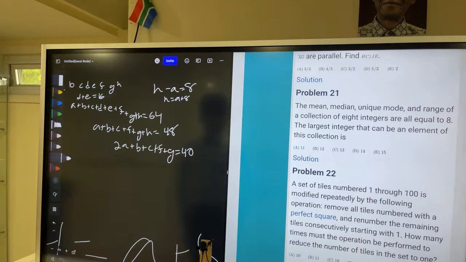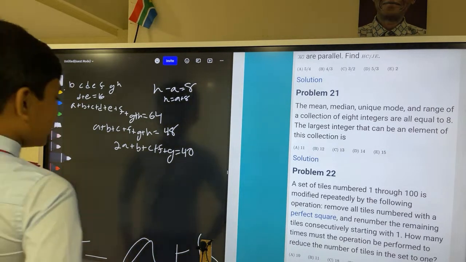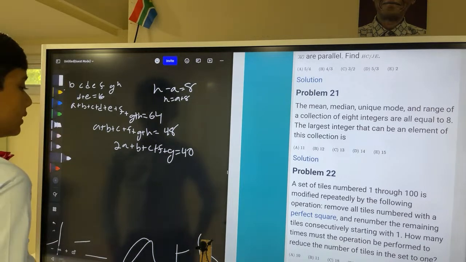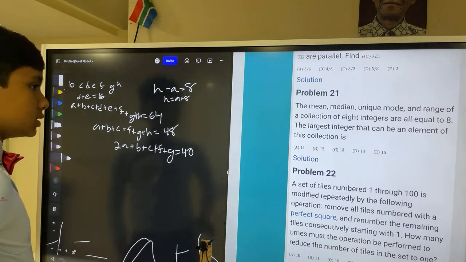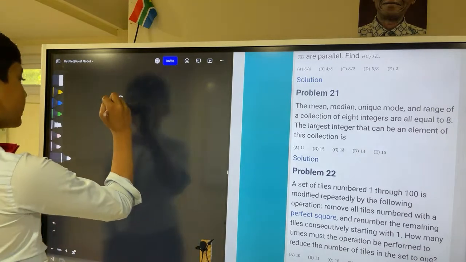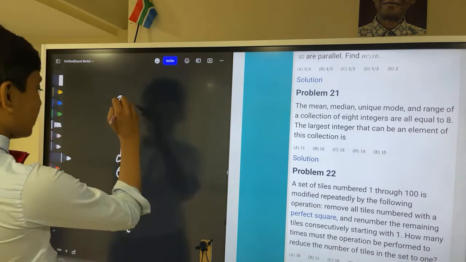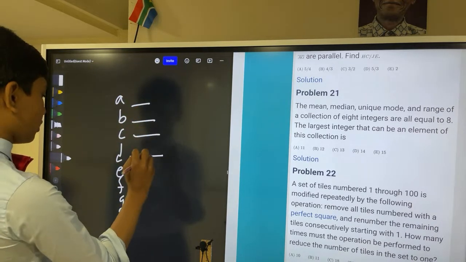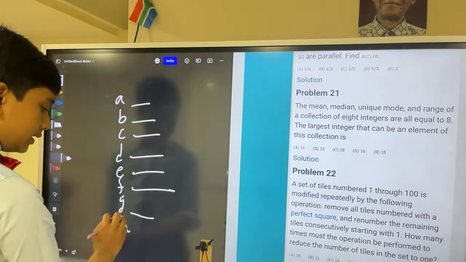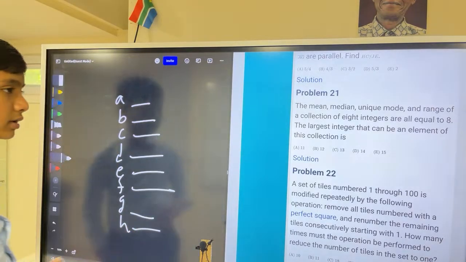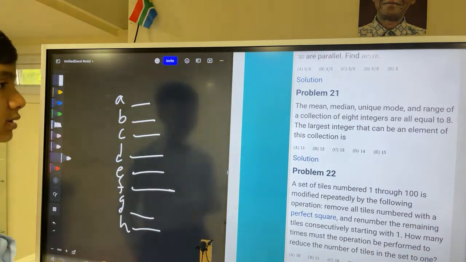Okay, so the largest integer that can be an element of this collection is... this is in order from largest to smallest, so I'll have a few blanks here, B, E, F, G, H, because that's how I've solved problems like this before, with the mean, median, and stuff. Never got the range before in one of these.